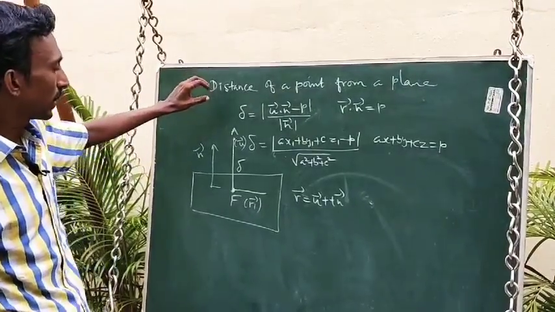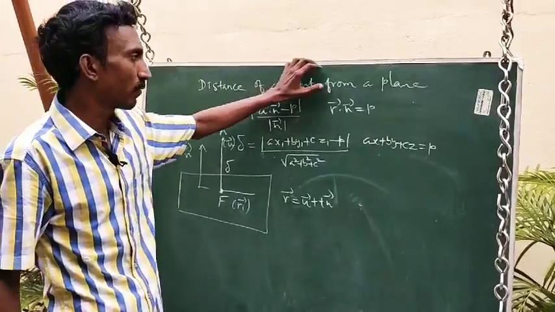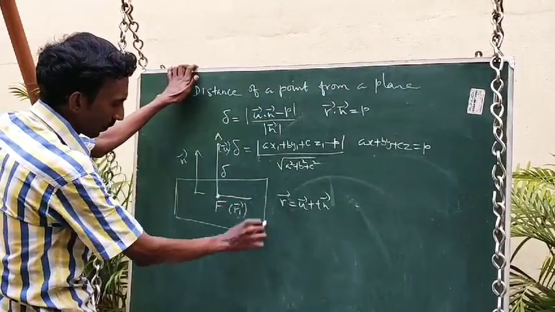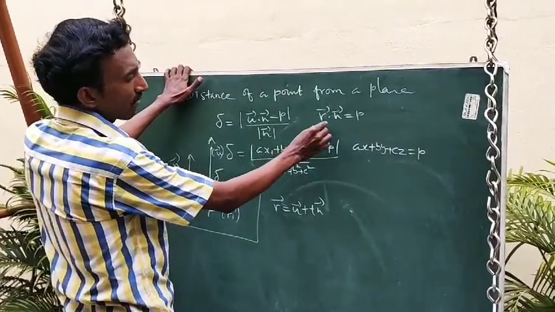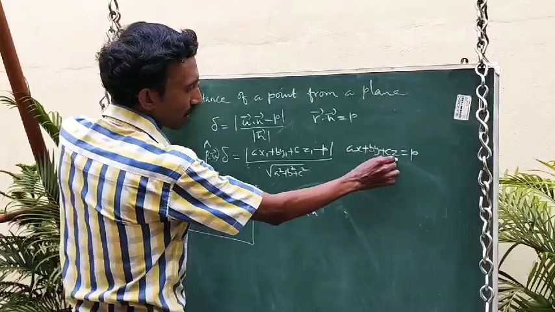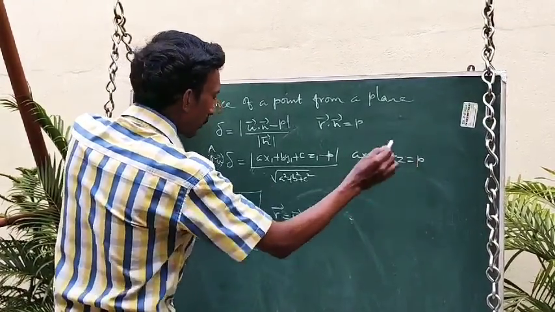Okay, now the concept is distance of a point from a plane. Suppose this is the equation of the plane. The vector form is r dot n equals p and the Cartesian form is ax plus by plus cz equals p.